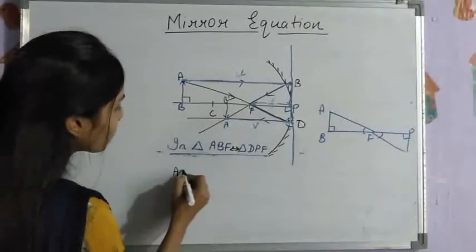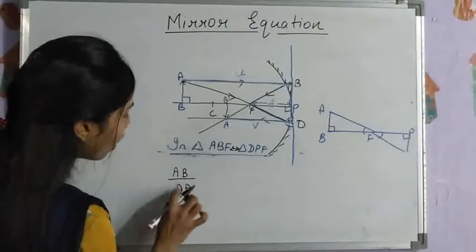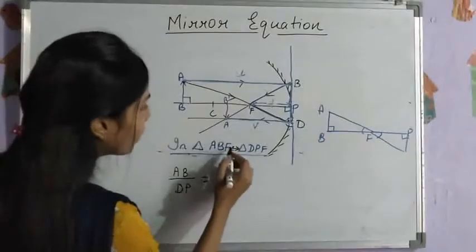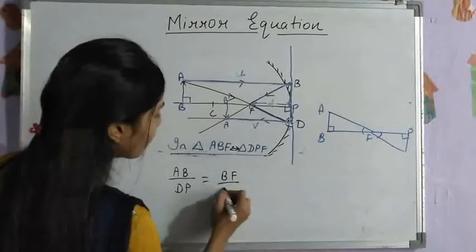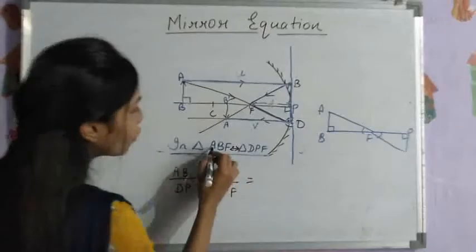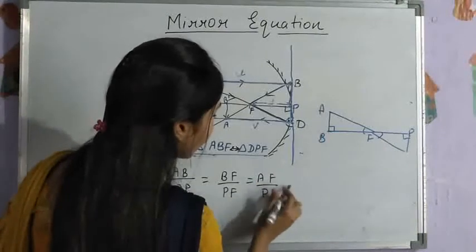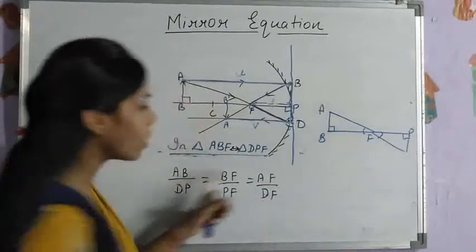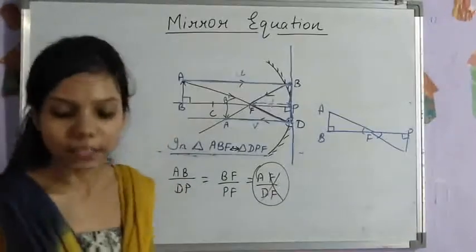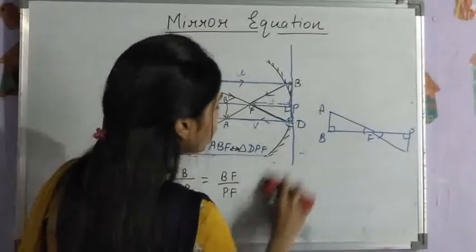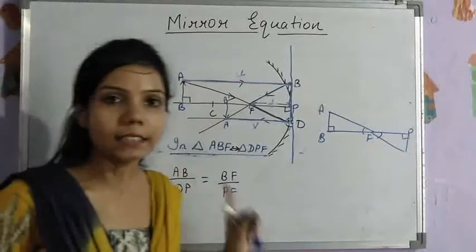So AB upon DP, ratio of corresponding sides will be equal to BF upon PF, and this will be equal to AF upon DF. Here we have considered all the corresponding sides, but we are not really interested in this corresponding side, so we are going to omit this. We will ignore this ratio and we will consider these two corresponding sides ratio.